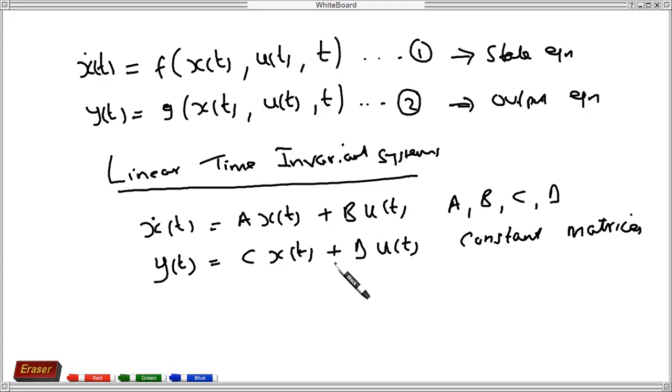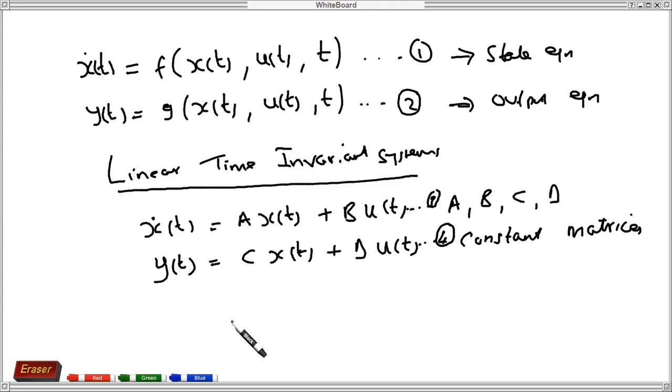The state equation and output equation, which you can call equation 3 and equation 4, can be modeled in block diagram representation.